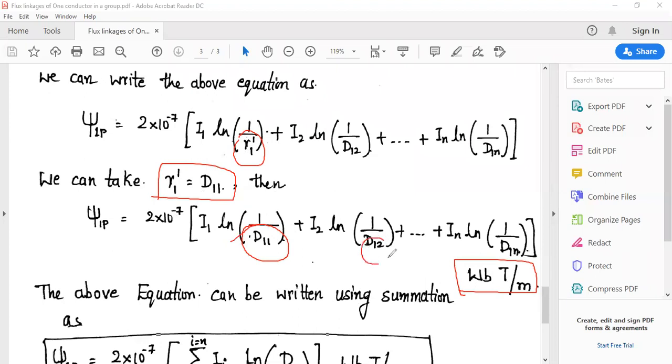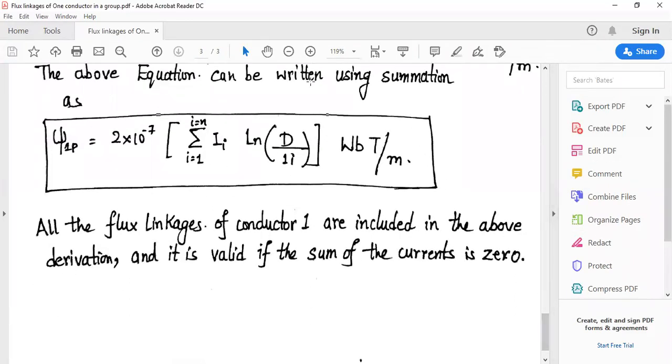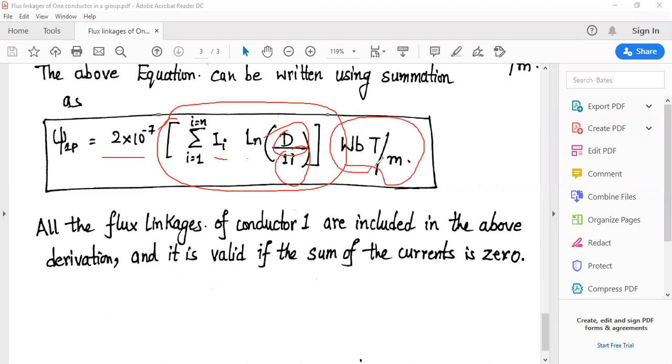Using the summation, the above equation can be written in this format alone: 2 into 10 power minus 7, sigma i equals 1 to n of Ii ln of 1 by D1i, in terms of Weber turns per meter.